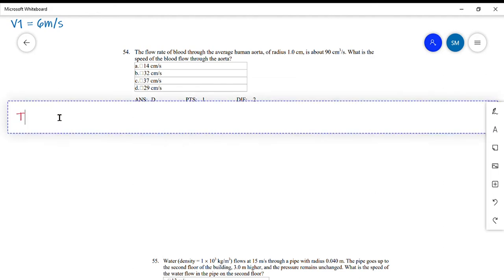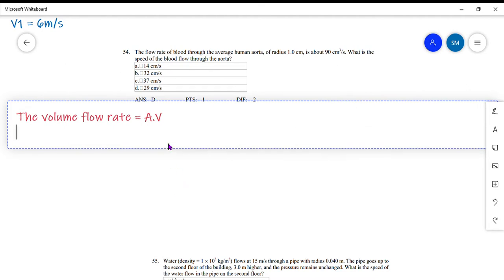The volume flow rate is equal to the area times the velocity. If you don't know where this rule came from, I will leave a video in the description box for organic chemistry tutor. I recommend you see it, or you can see the previous video, which is part 8. I explained this there.